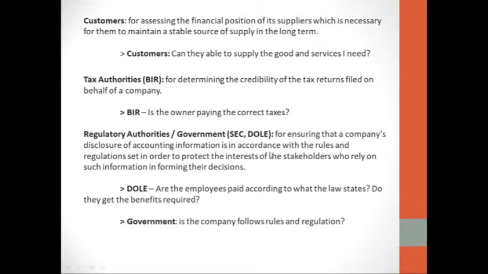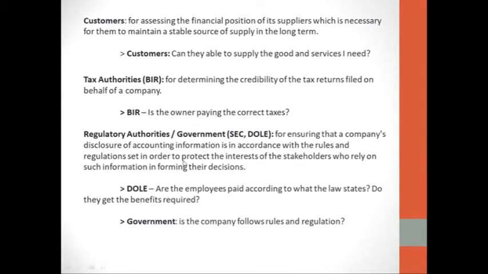And then we have the regulatory authorities and or the government. So examples of regulatory authorities will be the SEC, which is the Securities and Exchange Commission, and the DOLE, which is the Department of Labor and Employment.